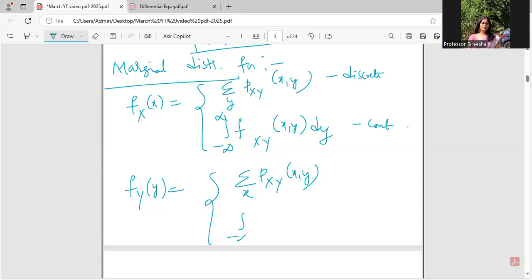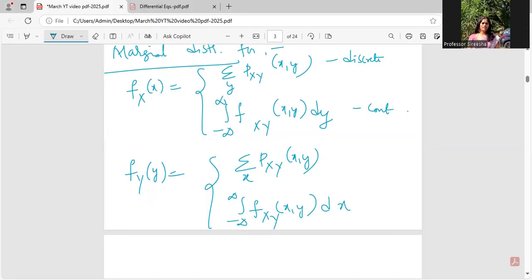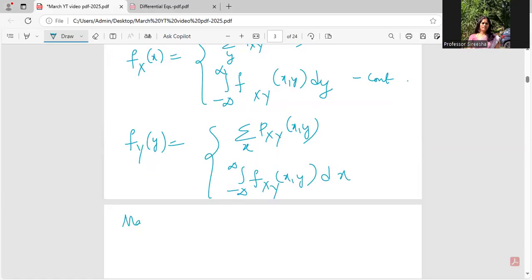And then here minus infinity to plus infinity, f of x comma y, it would be dx for continuous. You can as well check for the marginal density functions, F capital X of x is nothing but d capital X, F of x.